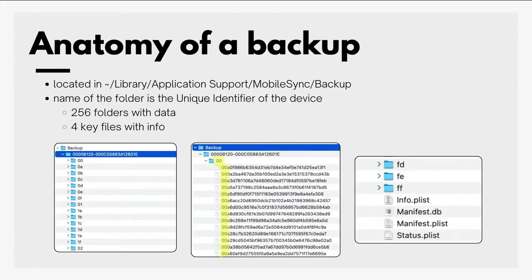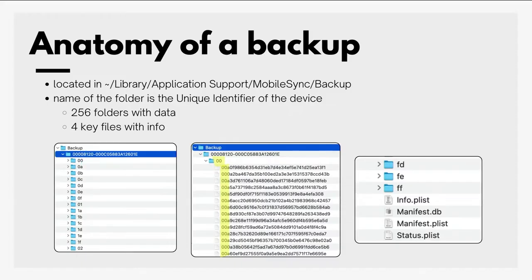You get a folder in this location. You can see on the slide: in the user's home folder, Library, Application Support, MobileSync, Backup. And within the backup folder, there will be another folder, the name of which is the unique identifier of the device that you're backing up, obviously.